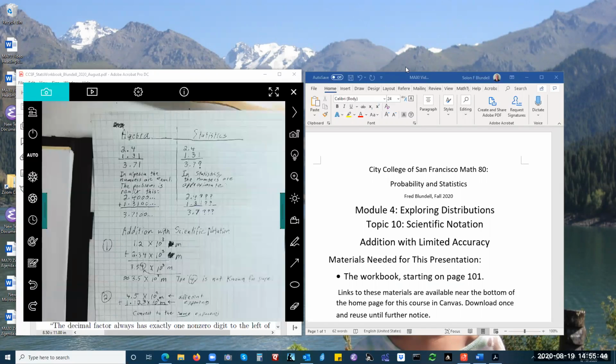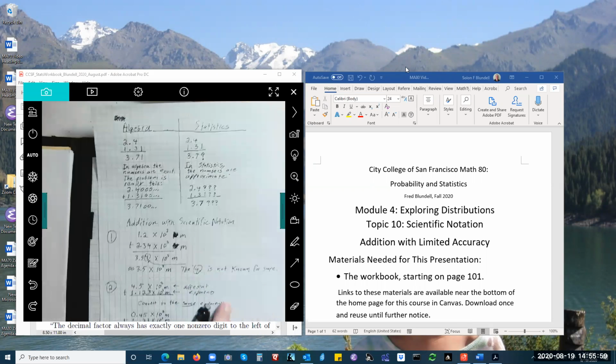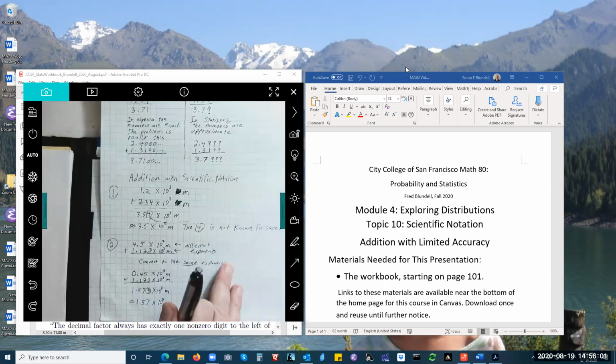Okay, now what if you're adding numbers and they start out with a different exponent? See this top number in problem 2, it's times 10 squared meters, or 4.5 hectometers.